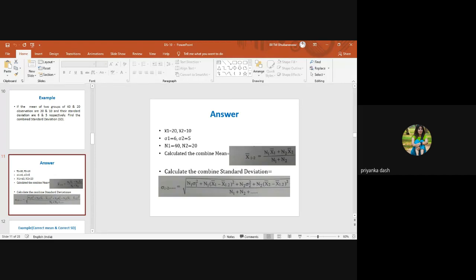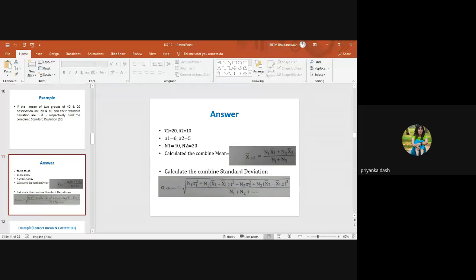Just calculate: 20 minus 16.66 is 3.33, whole square.